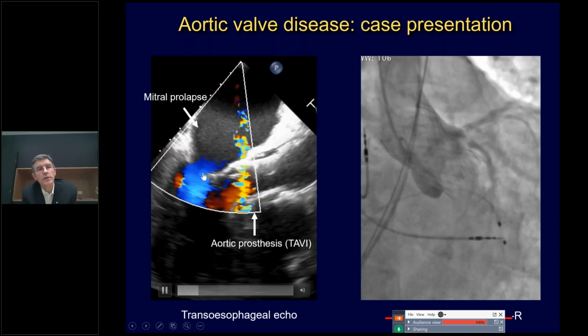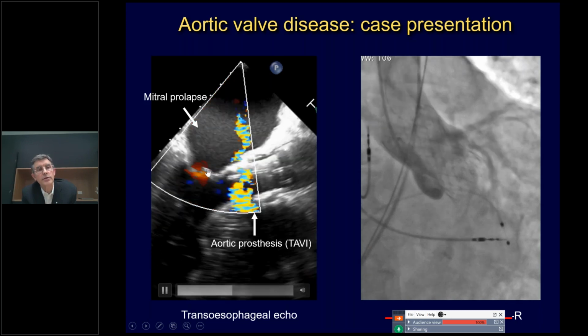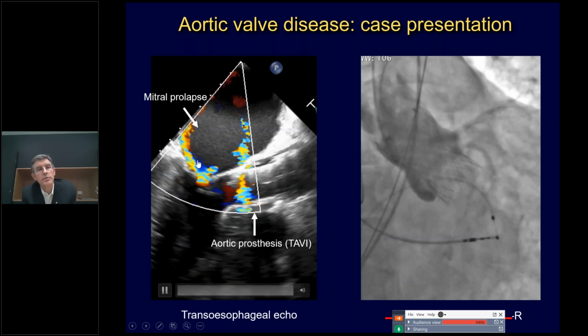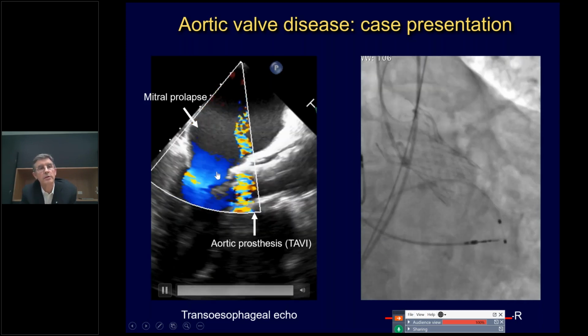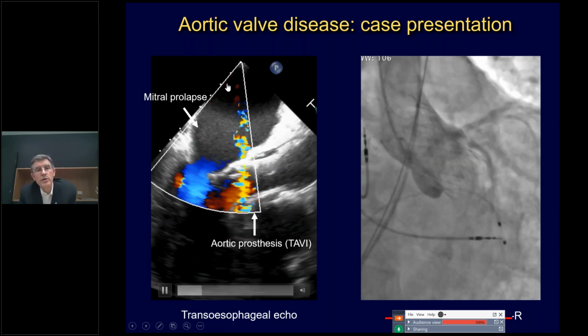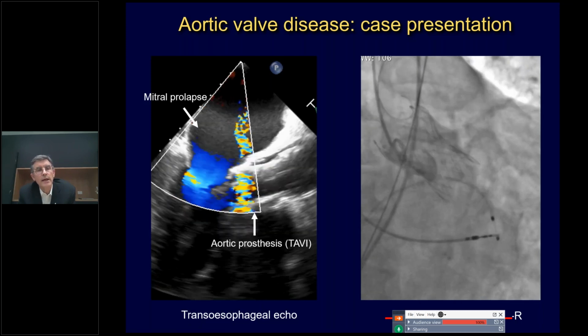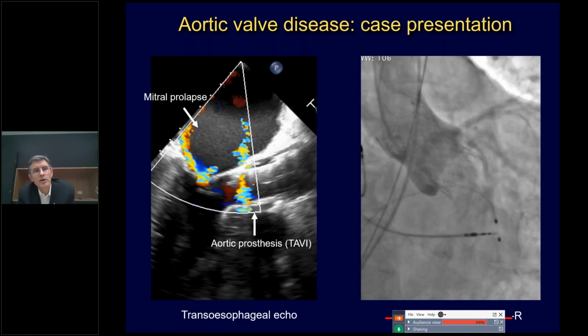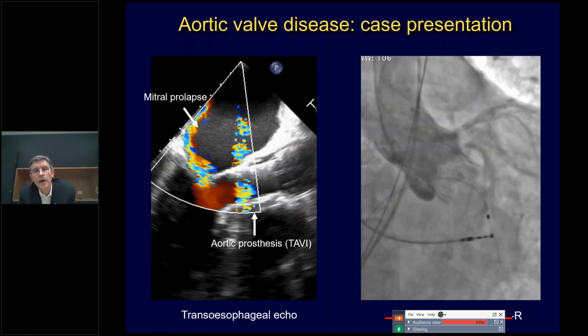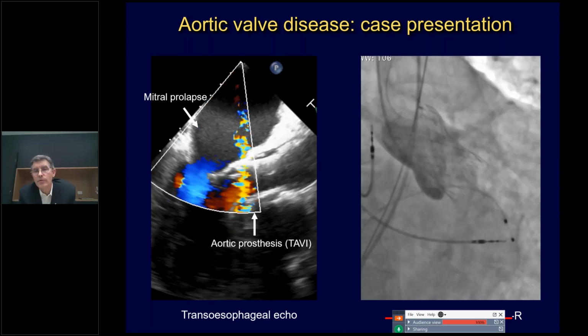Now this is, I mentioned, an anterior leaflet, so it's going posteriorly. So this would sound like a typical mitral regurgitant murmur. This is a transesophageal echo. Often you need to do a TOE to be able to characterize the severity, because these eccentric jets can be hard to find on a transthoracic echo.